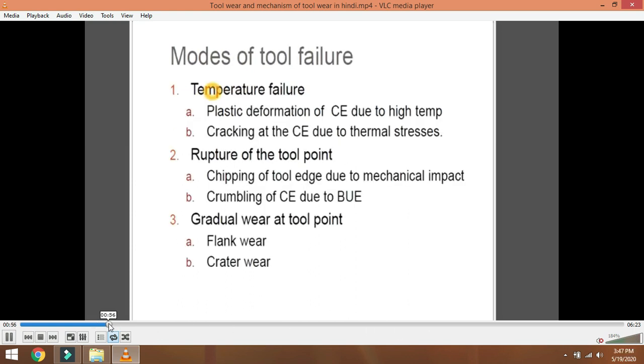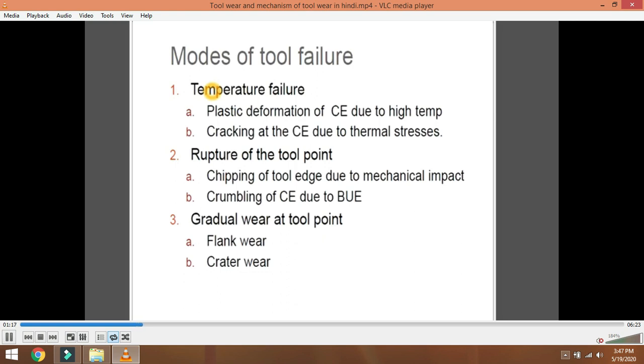So, modes of tool failure: temperature failure, rupture of the tool point, and gradual wear at the tool point. Previously we discussed that gradual wear is of three types: flank wear, crater wear and corner wear.